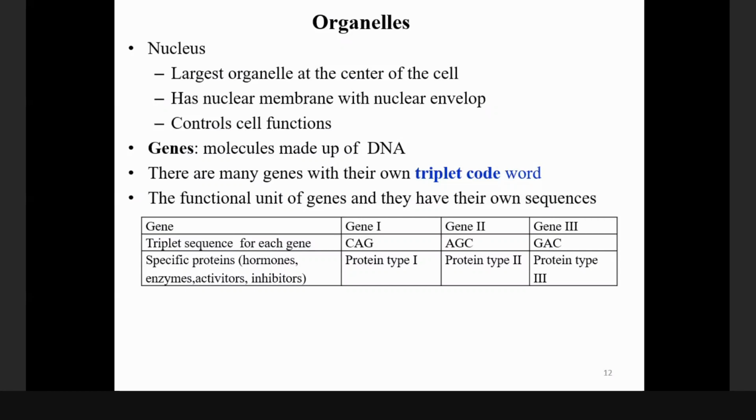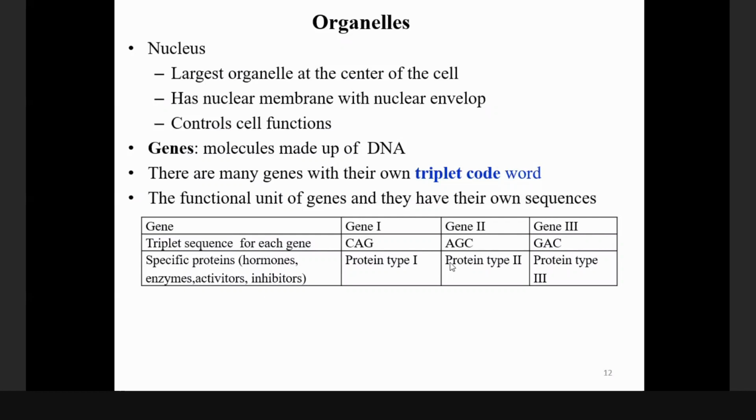And the function of this triplet, also called the three-base sequence: for instance, gene 1 has a triplet codon sequence such as C and AG. And you see gene 2, these are actually on the DNA.